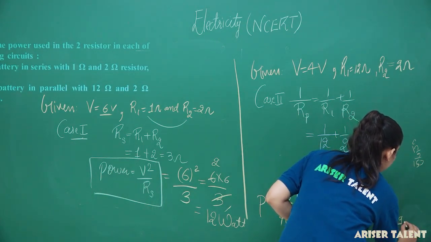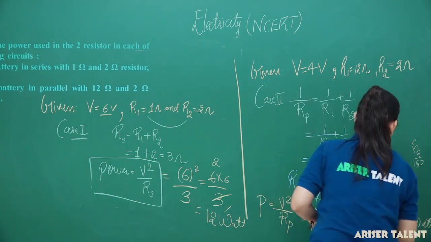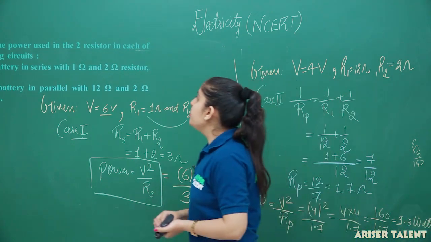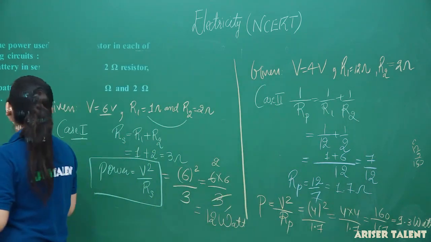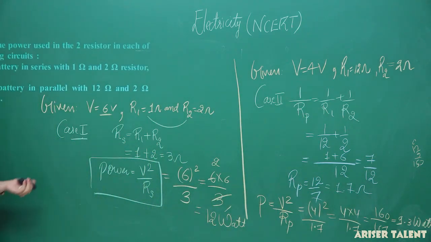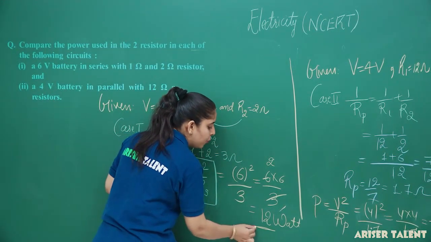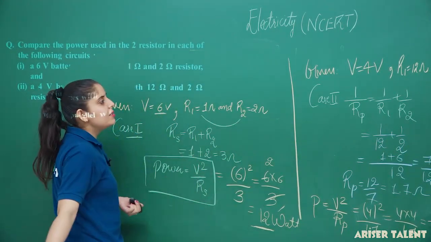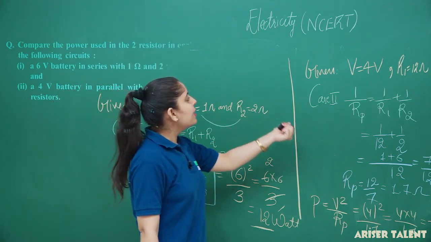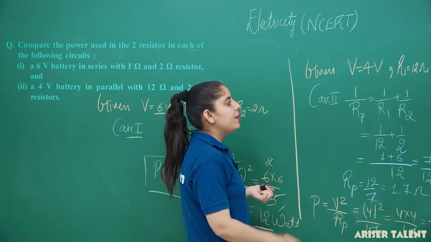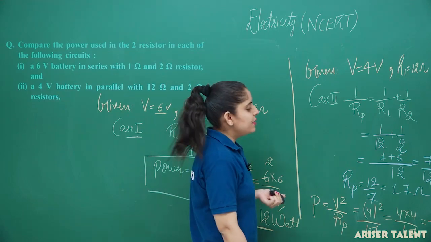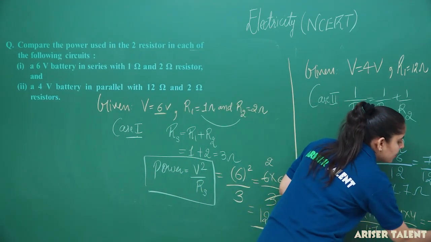So it must be equal to approximately 9.3. So you can see that we do the comparison of power in both the cases when we are using two resistors. When you connected the resistors in series, the power came out to be 12 watt, but you have different values of resistances here. When you connect these resistances with a 4 volt battery, the power came out to be 9 watt.